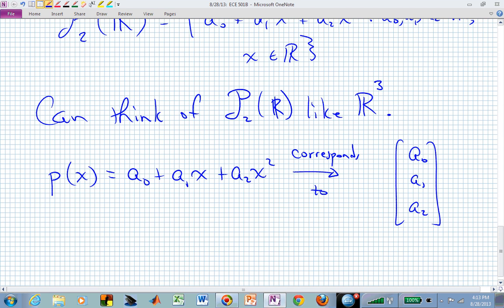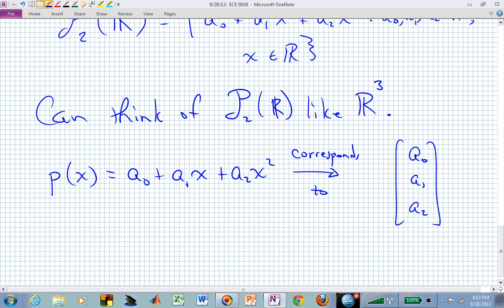And now if we wanted to define a sum of a polynomial p and a polynomial q, we could also think of that like this vector of a's and b's. And how do we add those up? Well, it would be consistent with how we add up the elements in these column vectors.